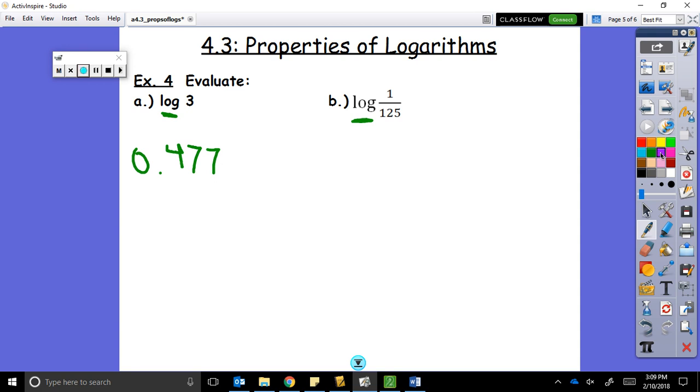Check with your neighbor real quick and make sure that you all have the same number on your screen. I got negative 2.097. Okay. Now, what if it's something besides base 10? Because both of these guys were base 10, or ln, the natural log, you have that button too.